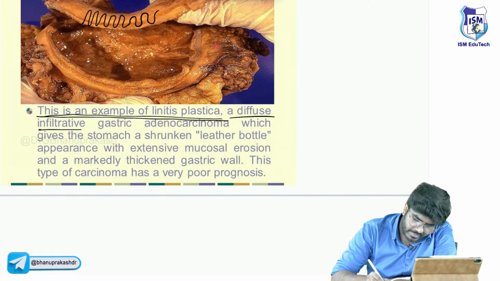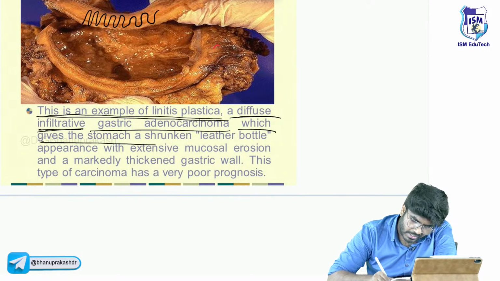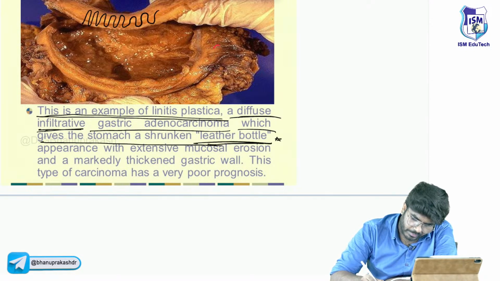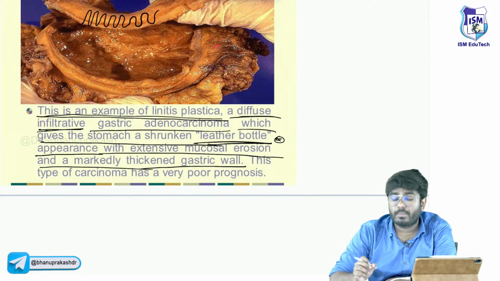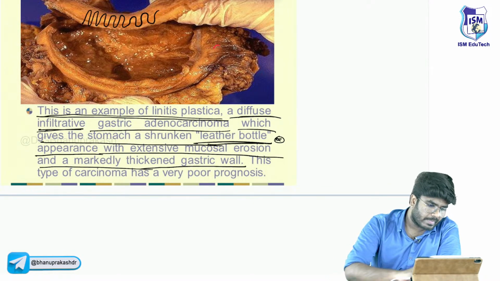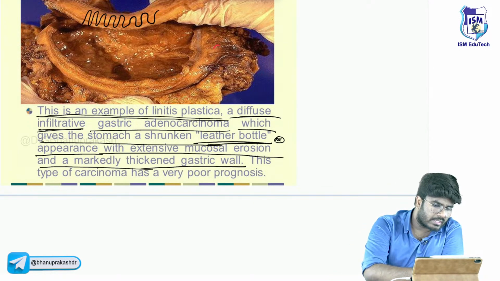This is an example of Linitis plastica, a diffuse infiltrative gastric adenocarcinoma, which gives the stomach a shrunken leather bottle appearance with extensive mucosal erosion and a markedly thickened gastric wall. So with this, this topic is also completed.